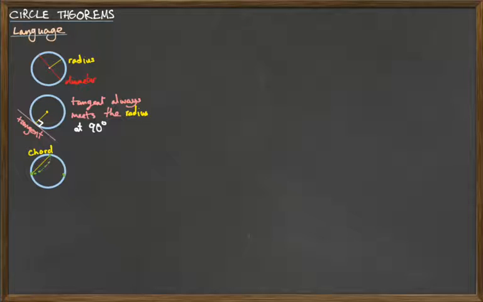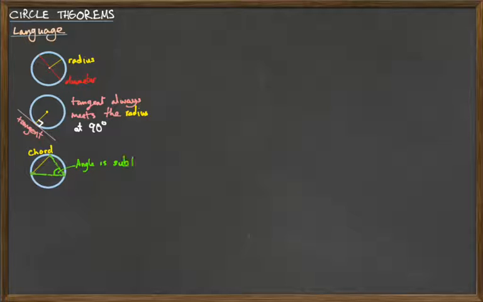If I pull it out a bit further, if I keep pulling it out, eventually I'll get to that point on the circumference there. Okay? So we say that that angle there is subtended from the chord. Okay? The angle there is subtended from the chord.